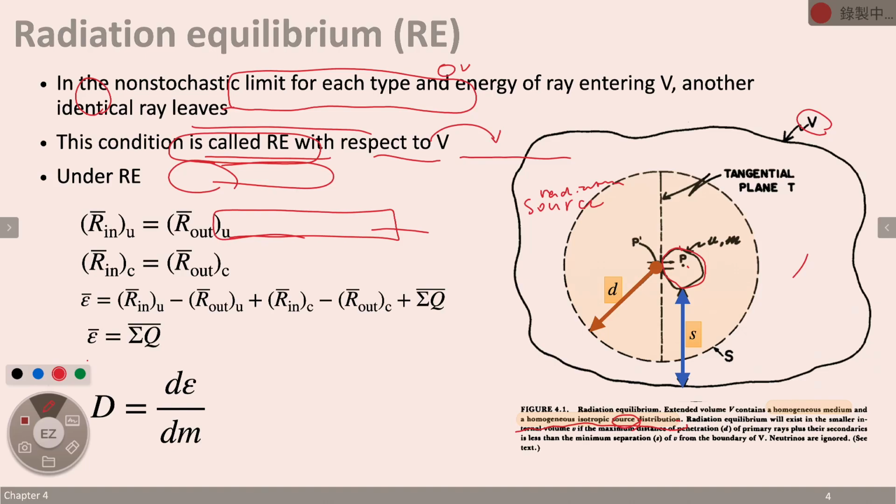From air to human tissue, the density is different, so it is not homogeneous, not uniform. Once you face this problem, you need to do another correction. But before you explore more complex things, you should memorize the four conditions here.